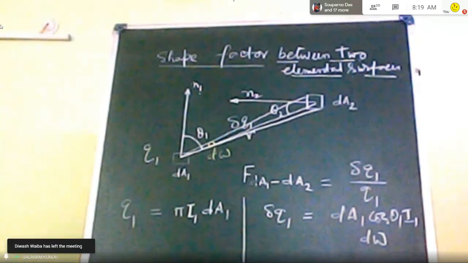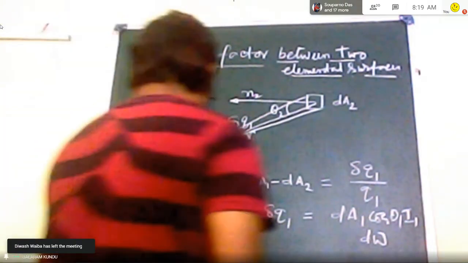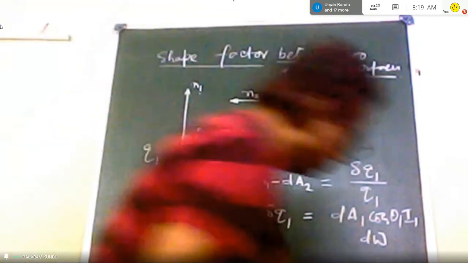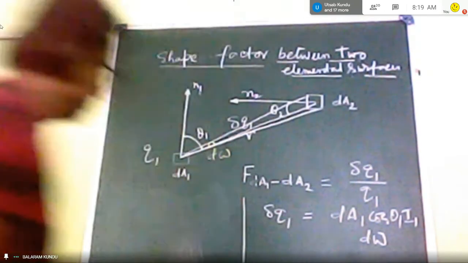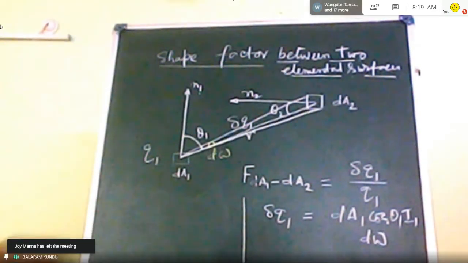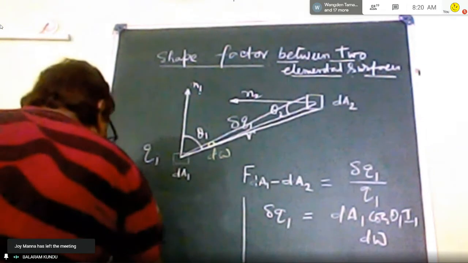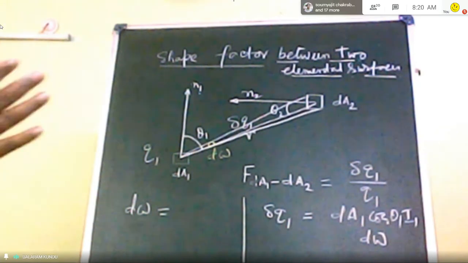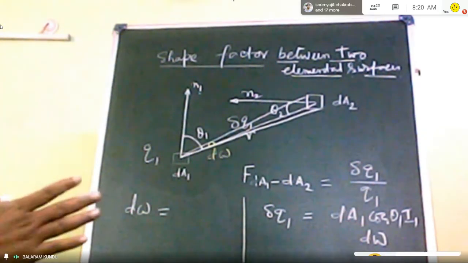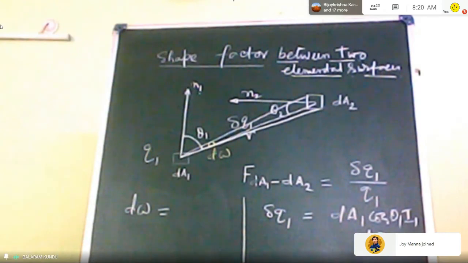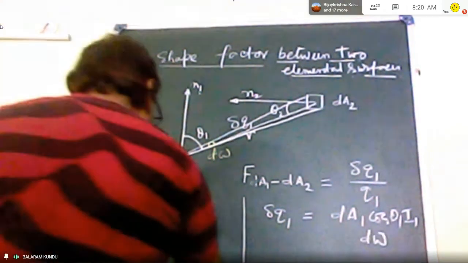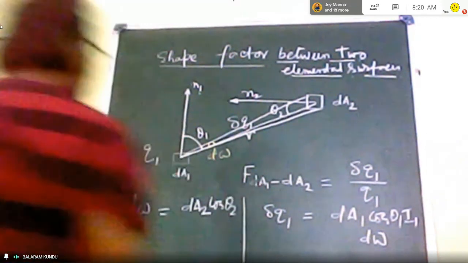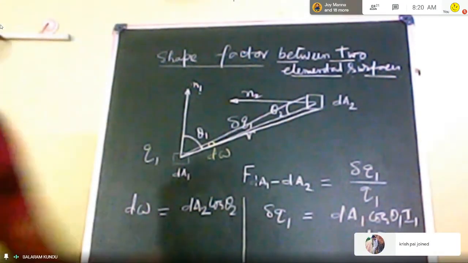Therefore d omega should be equal to the perpendicular area in the R direction for surface dA2, that is dA2 into cos of theta2, divided by R square.